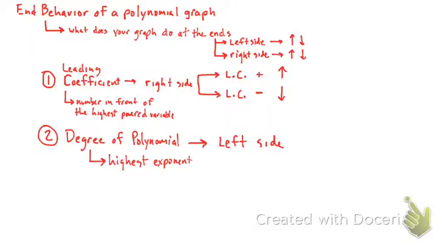We have two options. Option one, if your degree is even, so it's an even number, the left side is the same as the right side.